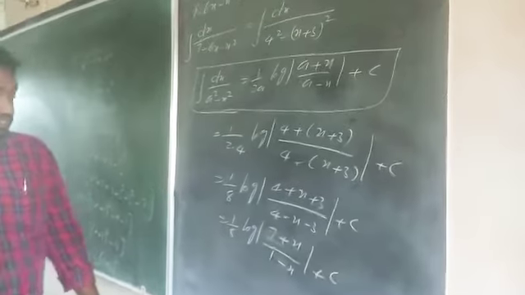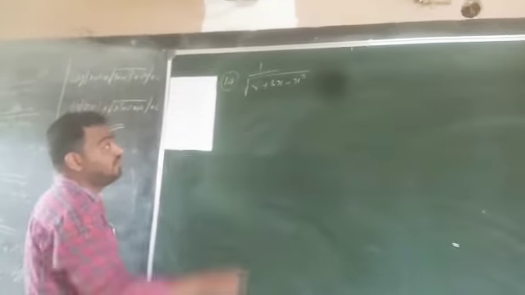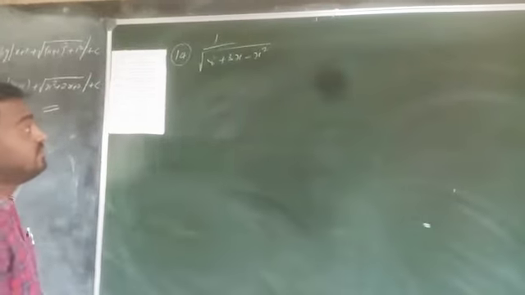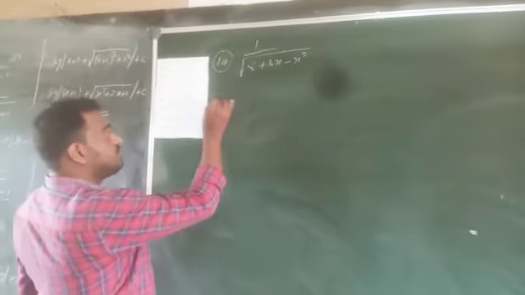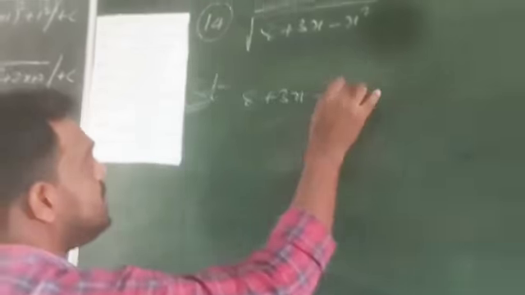That was the 12th one. Next, 13th question: integration of 1 by square root of 8 plus 3x minus x square. A similar method question. So in the solution, I write 8 plus 3x minus x square.